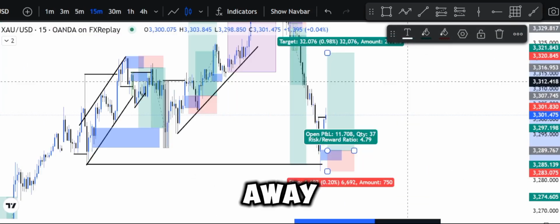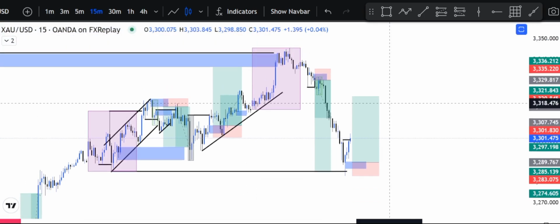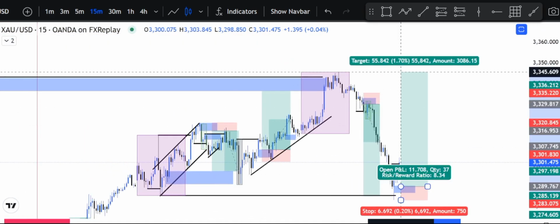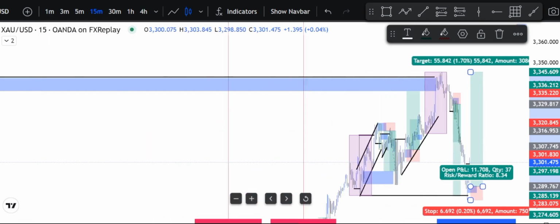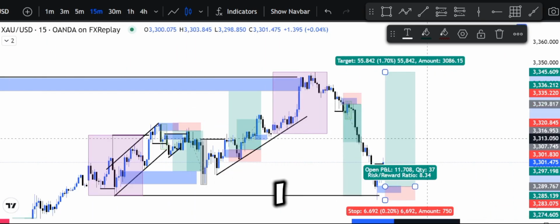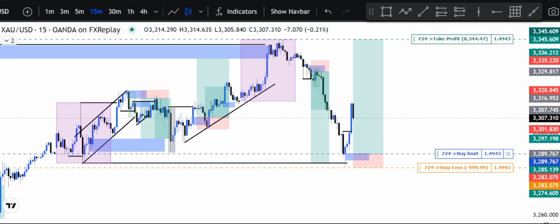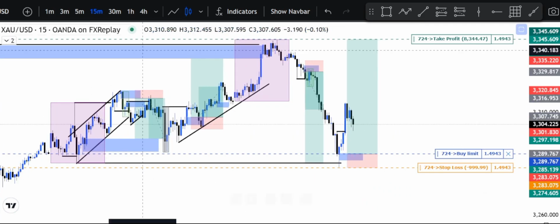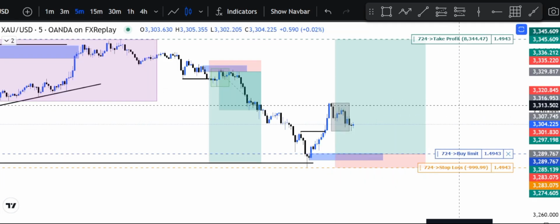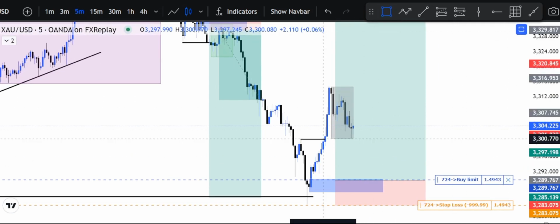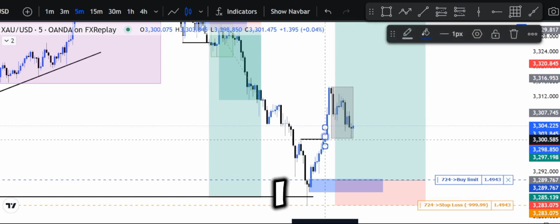We are still trading away from major inducement, expecting this high to be taken. Maybe higher, I don't know, but let's take intraday target. I can take this one.